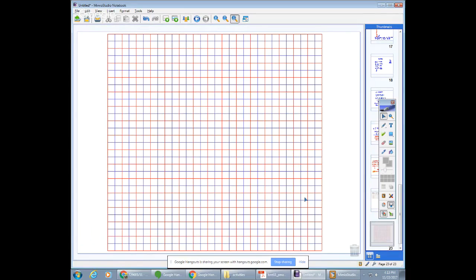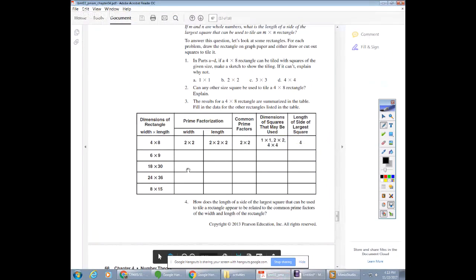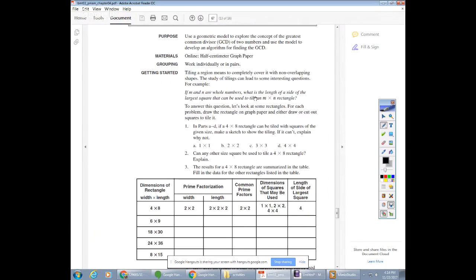So start off by drawing a 4 by 8 grid on your graph paper. Then what we want to do is check: can we cover the rectangle we made with 1 by 1 squares, 2 by 2 squares, 3 by 3 squares, 4 by 4 squares, and so on, without leaving any gaps?